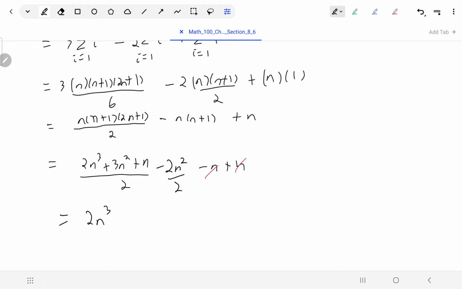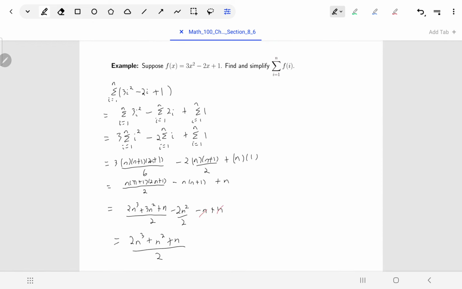So 2n cubed plus a single n squared plus n all over 2. And there we go. So now we've got a formula that will give me the sum of f of 1, f of 2, f of 3, all the way up to f of n, and it's just in terms of n. So if I now wanted to find the sum from i equals 1 to 100, I could just put in 100 for n, and there I go. I would have all of my values for f of x added together.